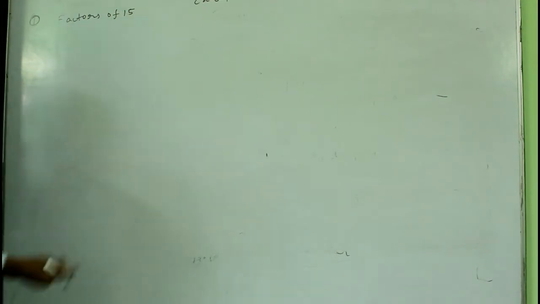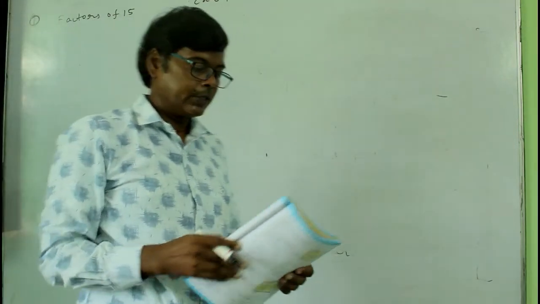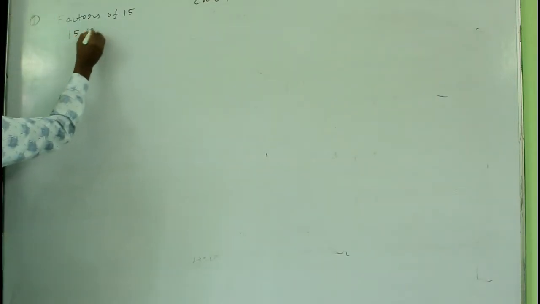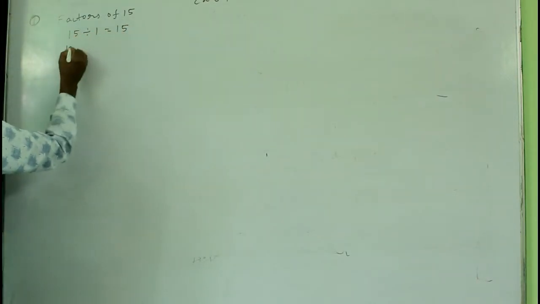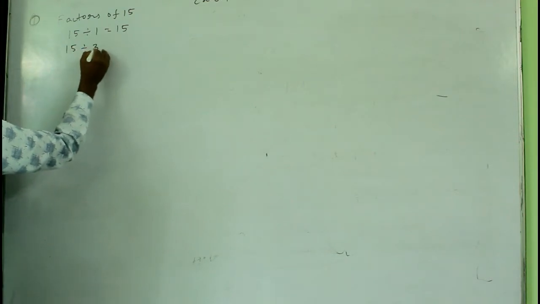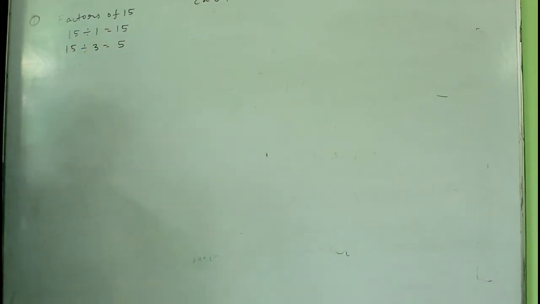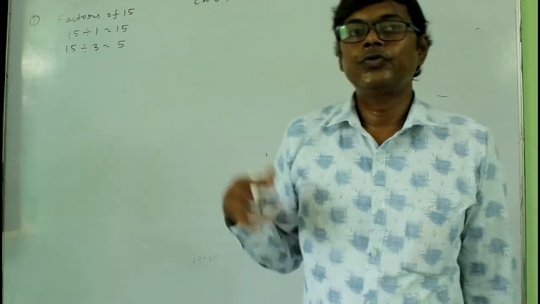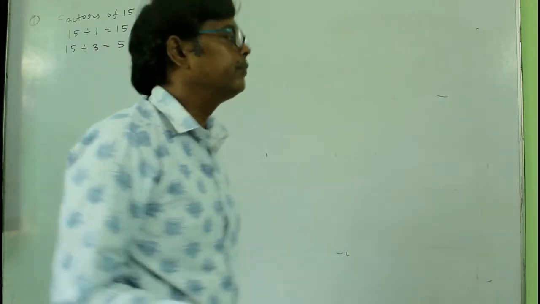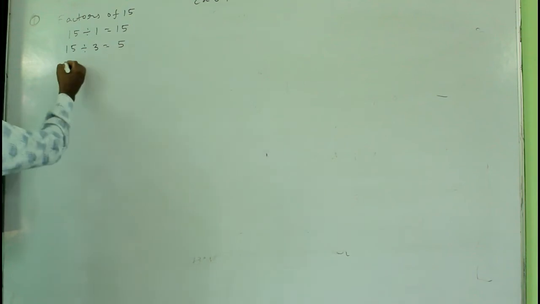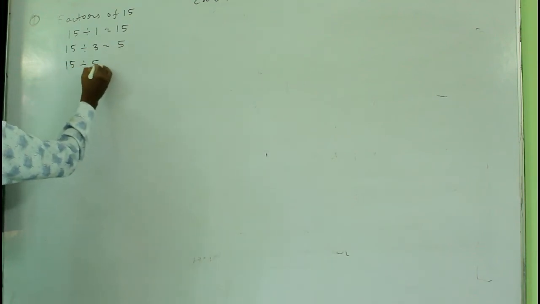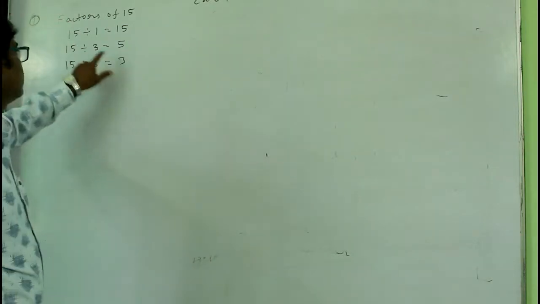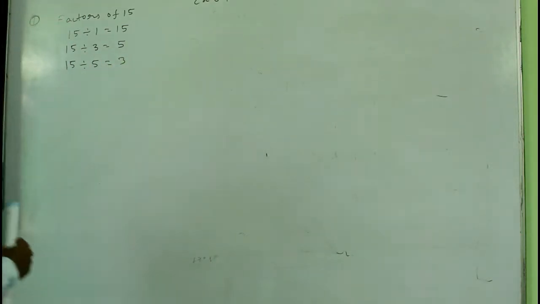Start with division, because we are finding by division. 15 divided by 1 equals 15. 15 divided by 3 equals 5, because 15 is not divisible by 2, so we will try 3. 3 fives are 15. And next is 15 divided by 5 equals 3. Now see, it is 3 here, also 3 here, so it starts repeating.